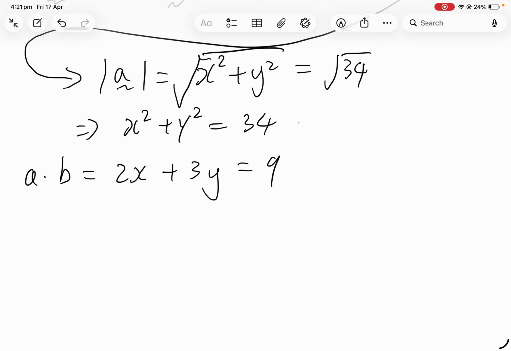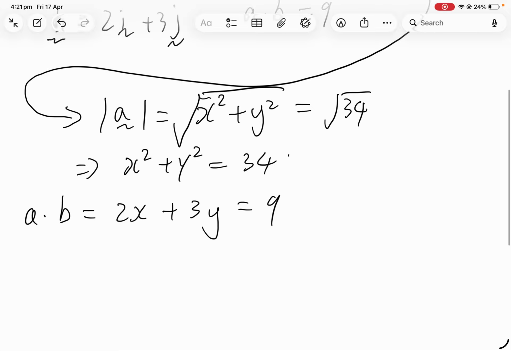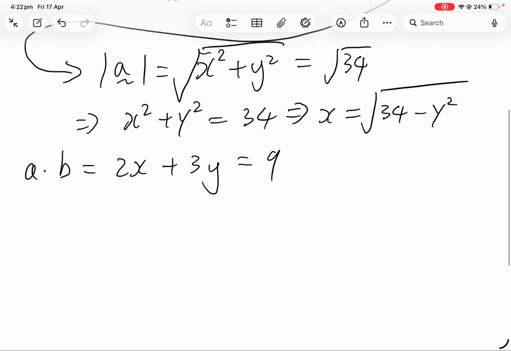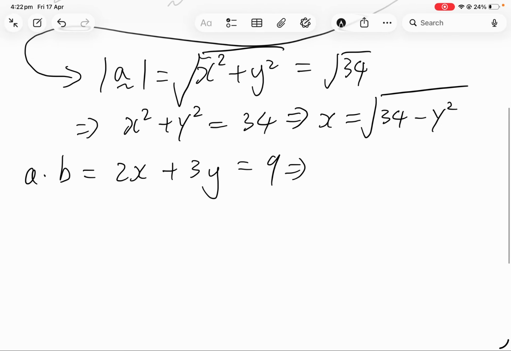So we have to rearrange the first one to make x the subject, so x equals the square root of 34 take y squared. For the second equation, we also do that, so x equals 9 take 3y, in brackets, over 2.